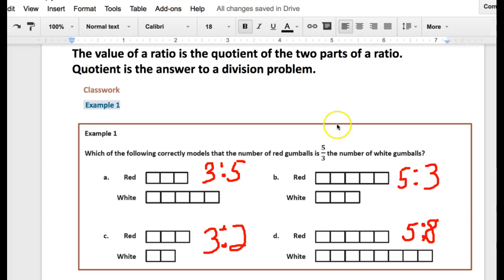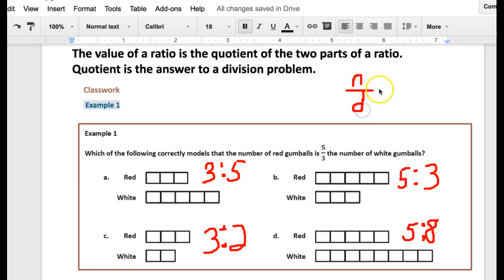So looking at our definition of what the value of a ratio is, the value of a ratio is the quotient of the two parts of a ratio. The quotient is the answer to a division problem. So if you remember, we had a fraction bar in the past. The fraction bar, believe it or not, is not just called a fraction bar. When we have a number above it and a number below it, we have the numerator and the denominator.